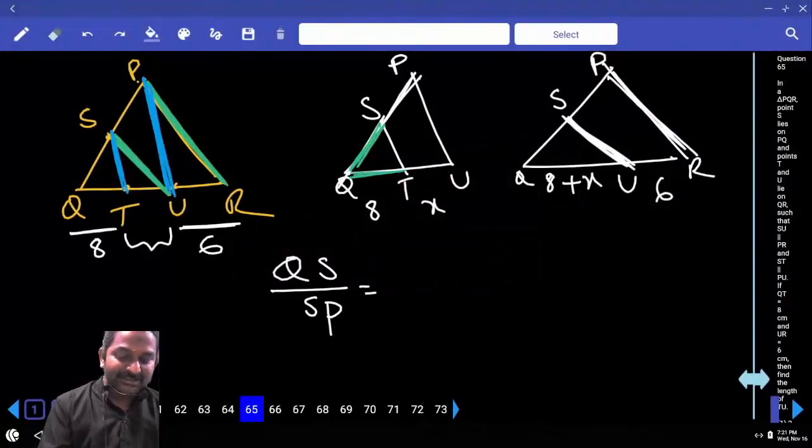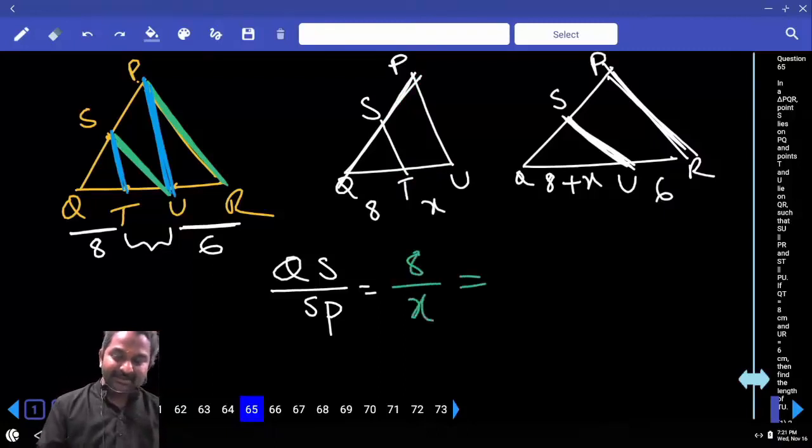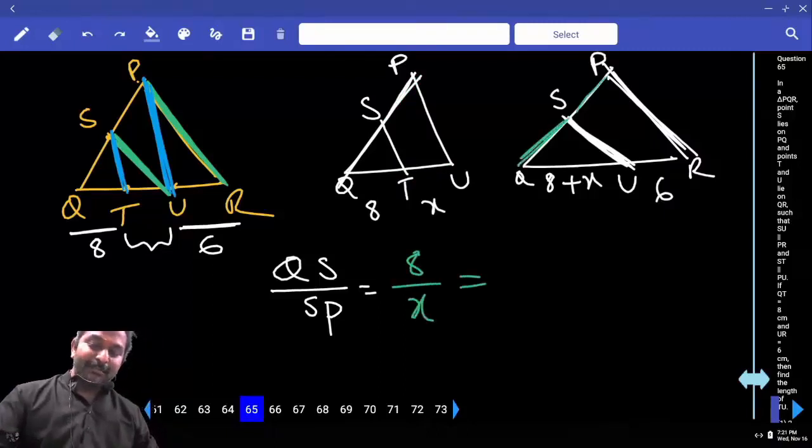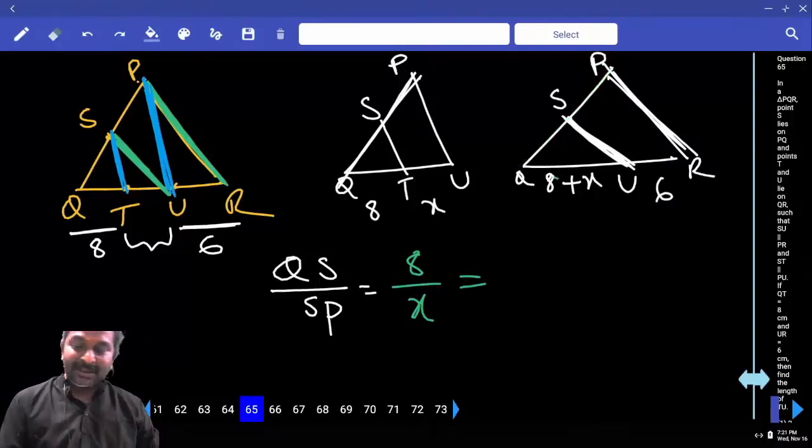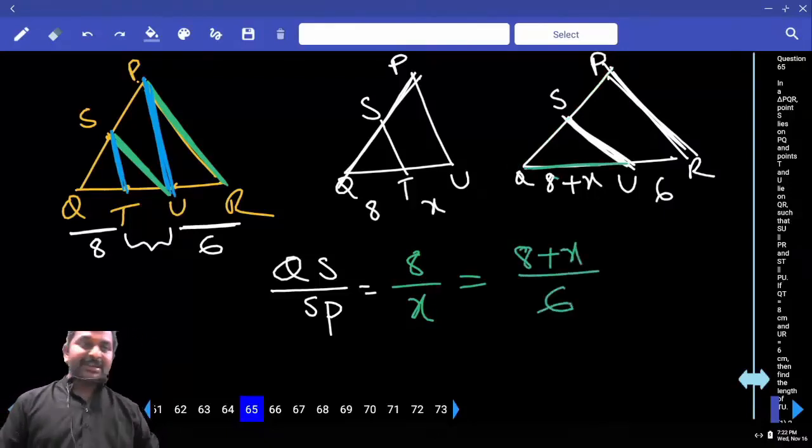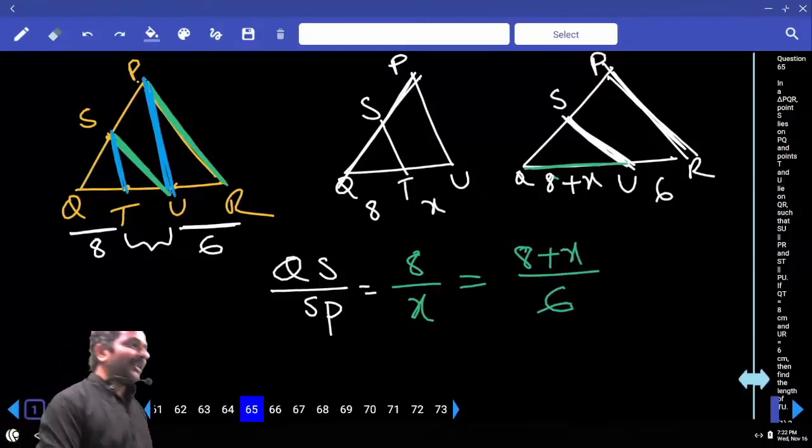QS, what is the base value? Base value X. 8 by X. Now QS by SP: base value 8 plus X by 6. And we need to calculate the X value, right?